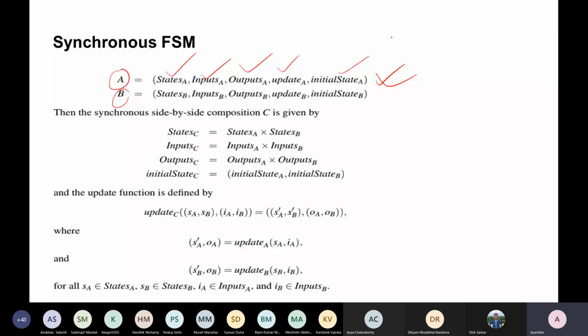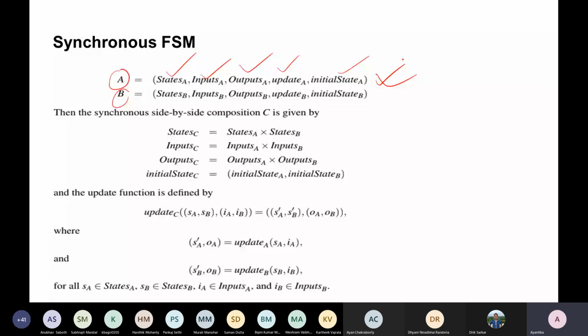That's all. When we talked about extended FSM, these can be represented as a 6 tuple where we add some variable sets, but the modeling technique is the same.